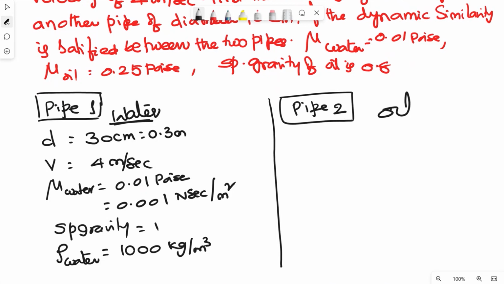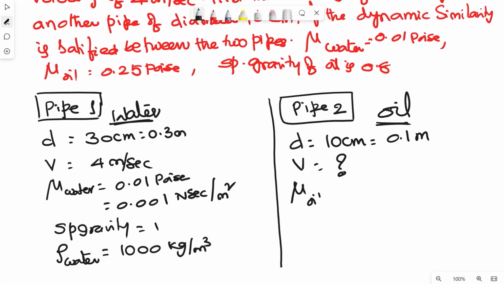So the liquid flowing through it is oil. That is the first thing. So what is the data given? Diameter is 10 centimeters, 0.1 meters. He asked what is the velocity. That is the question. Then he has given mu of oil is equal to 0.25 poise, which is 0.025 Newton second per meter square.